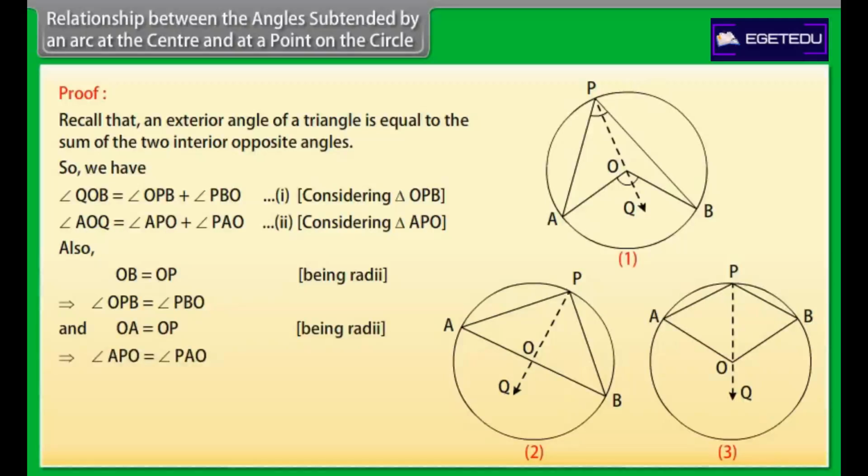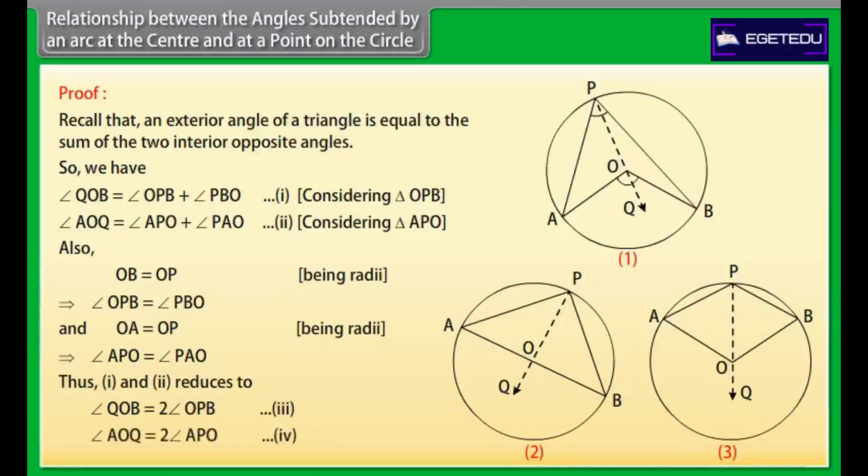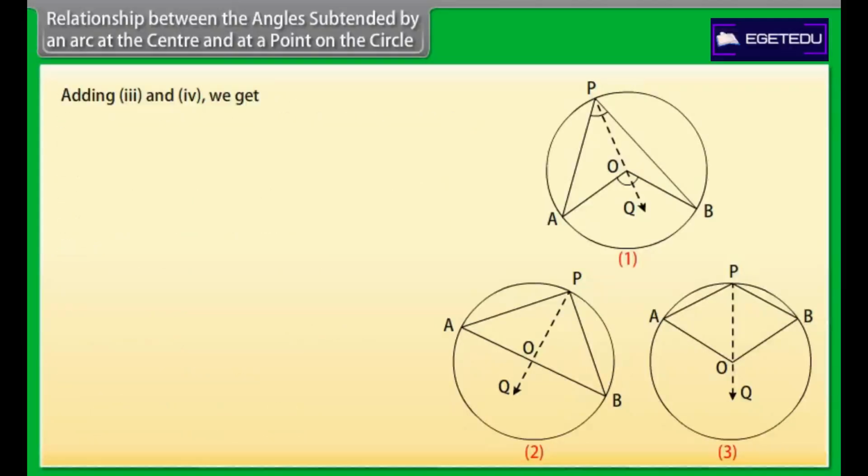Similarly, angle APO is equal to angle PAO, thus 1 and 2 reduce to angle QOB is equal to 2 into angle OPB. (3) Angle AOQ is equal to 2 angle APO. (4) Adding 3 and 4, we get angle AOQ plus angle QOB is equal to 2 into angle APO plus angle OPB.